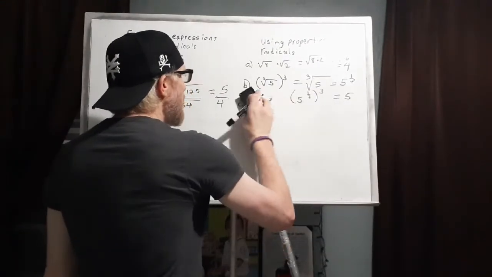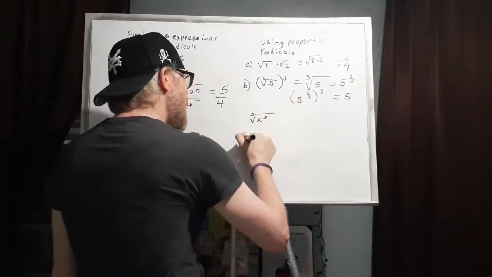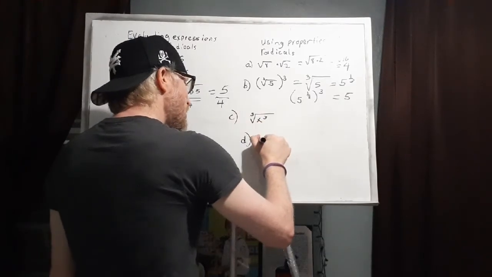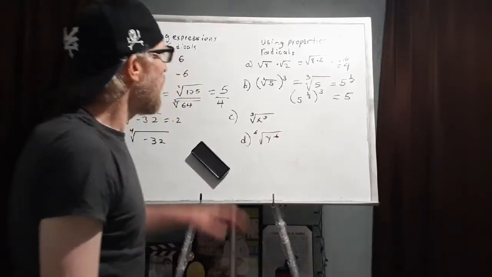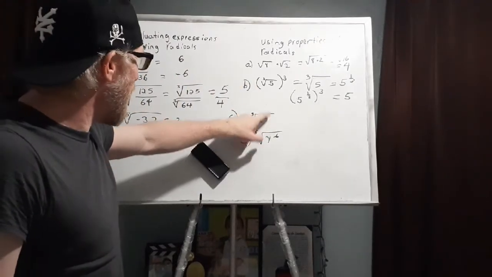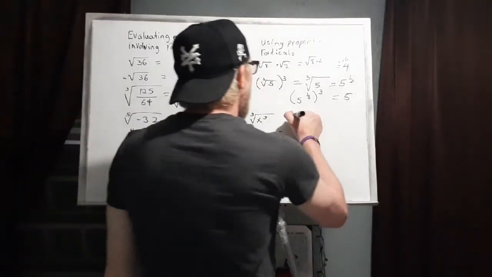Now, if I look at C, it says the cube root of x cubed, and D says the sixth root of y elevated to the power of 6. Since they're both odd, it's basically the same thing that happened in B happens in C. They cancel out, and my answer is simply x.